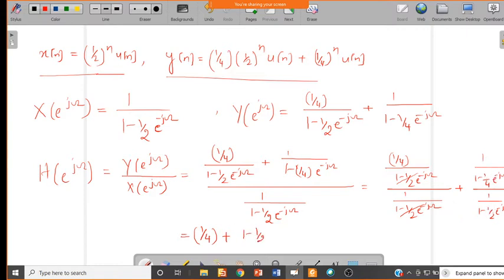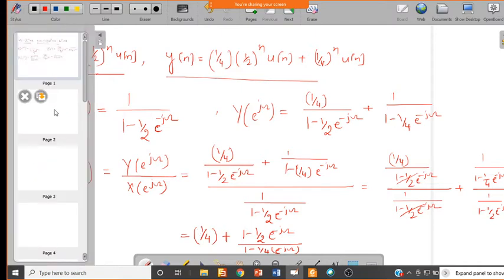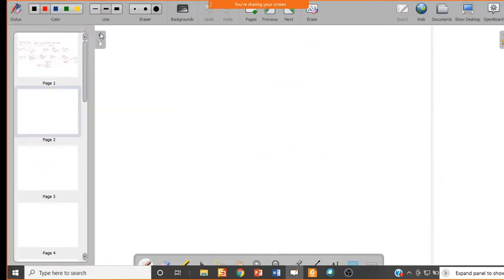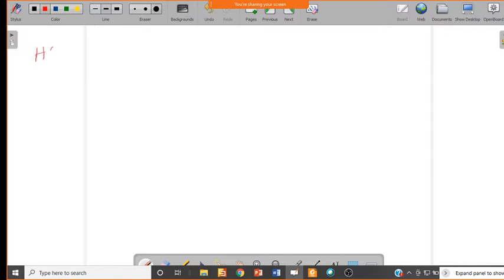So you will get 1 minus 1 by 2 e power minus j omega divided by 1 minus 1 by 4 e power minus j omega. This is your H of e power j omega, which is equal to 1 by 4 plus 1 minus 1 by 2 e power minus j omega divided by 1 minus 1 by 4 e power minus j omega.